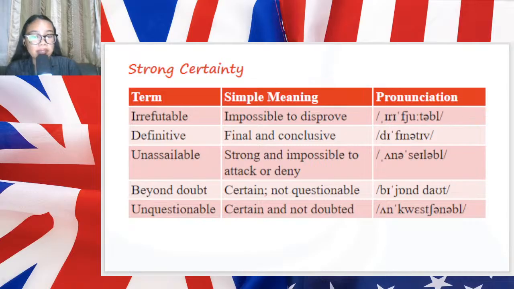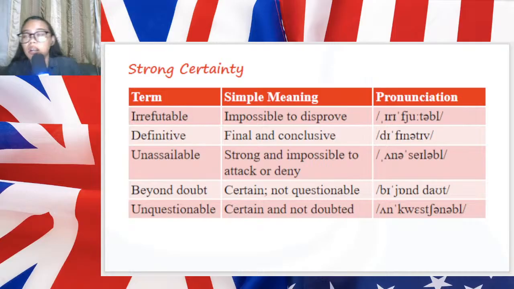Okay? For example, you have a sentence: There is irrefutable evidence linking the virus to the outbreak. This means the evidence is so strong that no one can reasonably argue against it. That is irrefutable. So we try to use this when making final conclusions in research or essays, or during debates or persuasive arguments to show strong confidence.